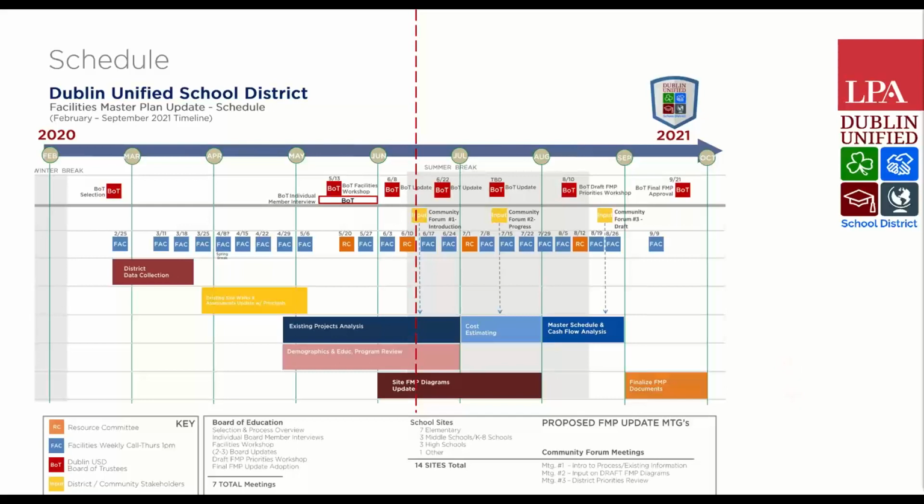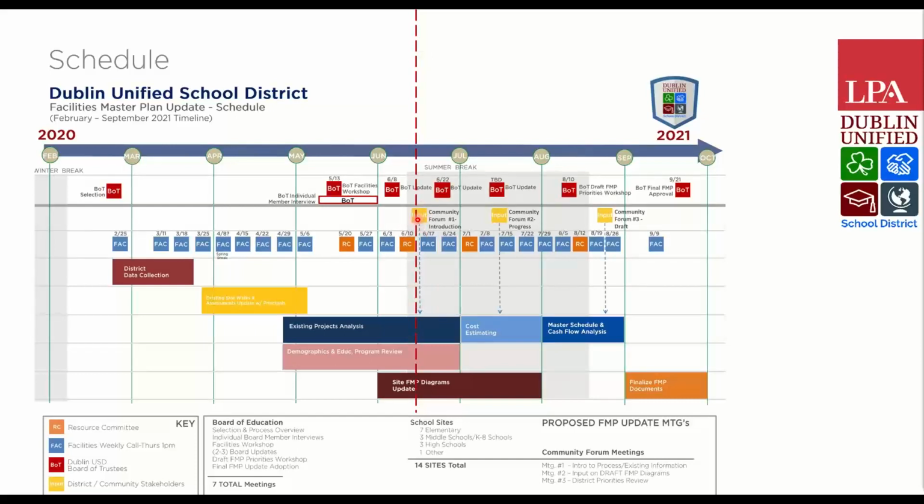Throughout this whole process, there will be stakeholder engagement. We have had board one-on-one meetings and a couple of board updates, and the board updates, as you can see in the schedule, will happen monthly. In terms of community meetings, this is the first community meeting, and this red line is where we currently stand in the process.